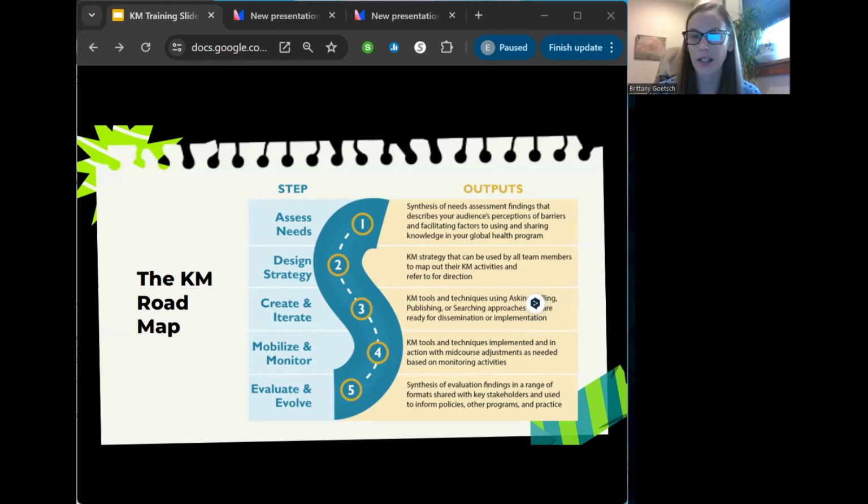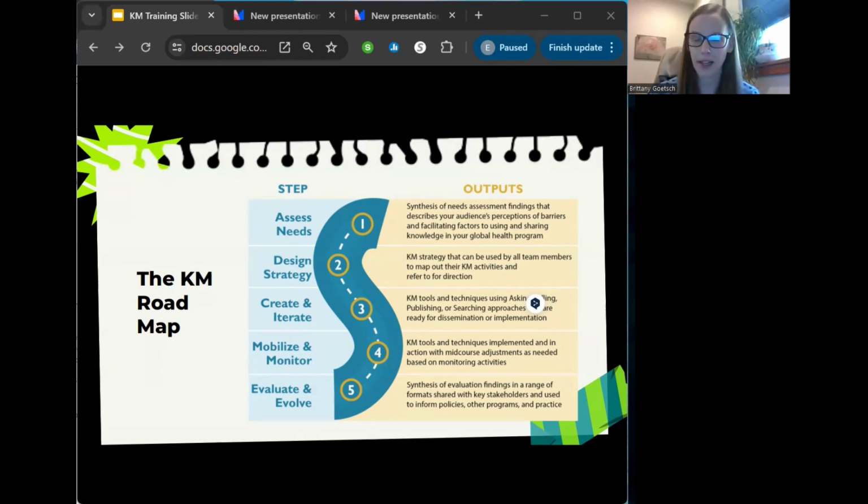You would follow from step 1 of assessing needs, to designing your KM strategy with all team members to map out your KM activities, to creating and iterating, thinking about your KM tools and techniques along the matrix that Erin introduced previously that asks you about your asking, telling, publishing, and searching approaches.